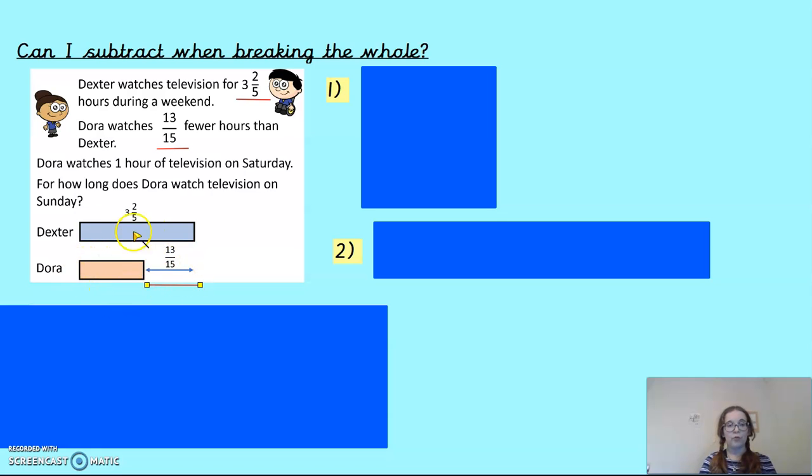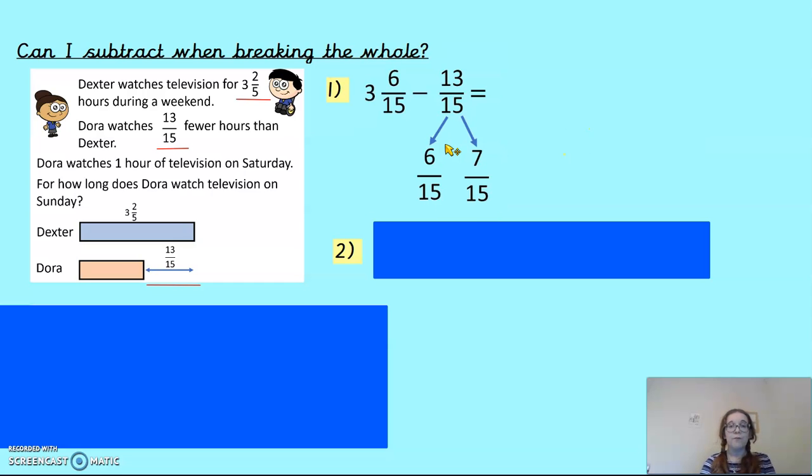So this is what Dora watched over the weekend, because it's 13/15 less than Dexter. We know how much Dexter watched. So we're going to have to do this in several parts, because we need to work out, firstly, how much Dora watched over the whole weekend, and then we can work out how much she watched on a Sunday by taking away that hour.